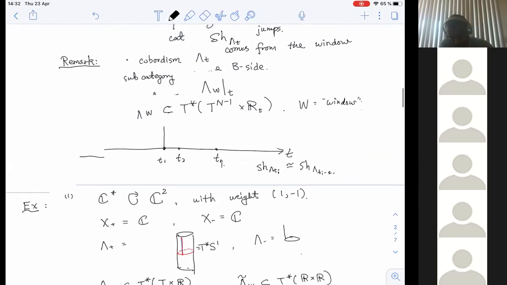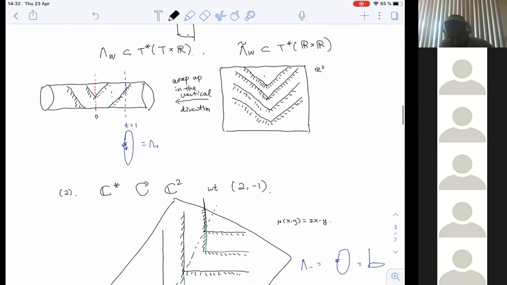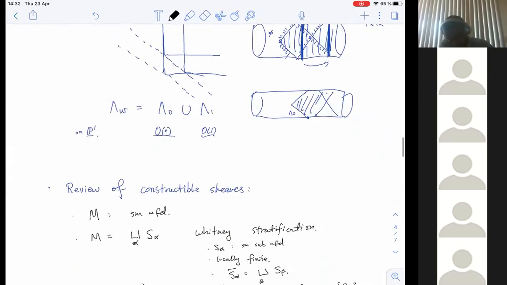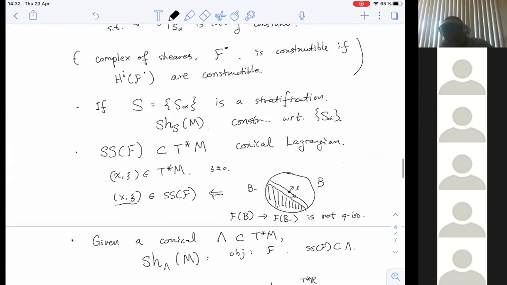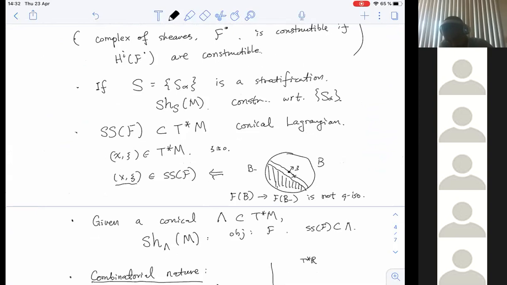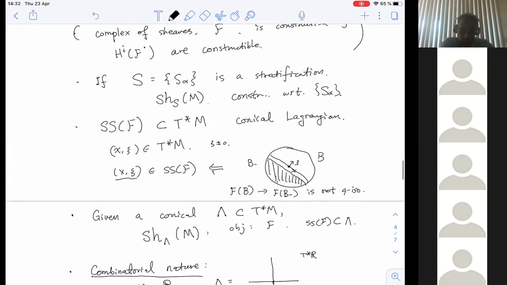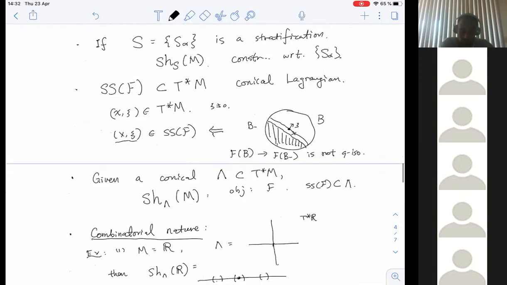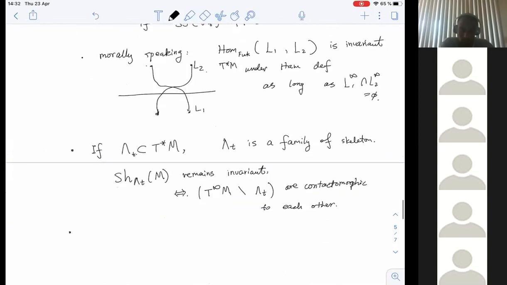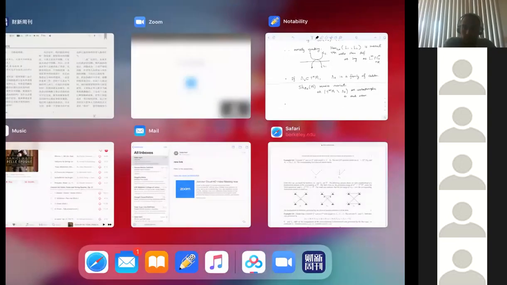I maybe forgot to adorn many of the places with W, but this non-characteristic deformation result is true whether you have the large constructible sheaf or the wrapped constructible sheaf. Okay, thank you. Sorry, I don't have enough time to tell you the actual story about what the window is, but at least I showed you some examples. So I think that might do.